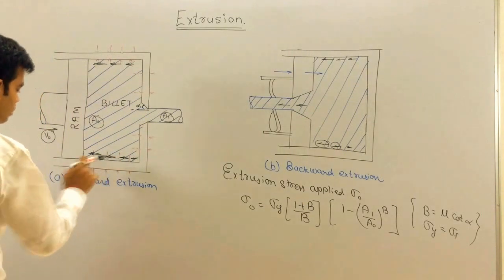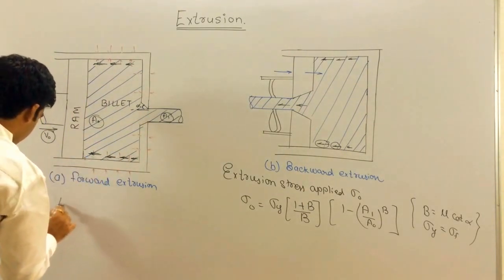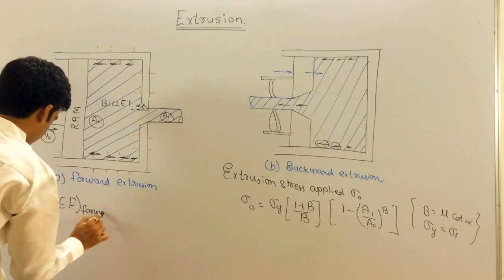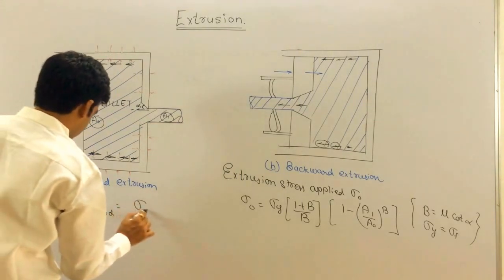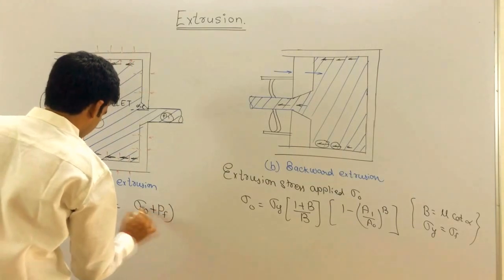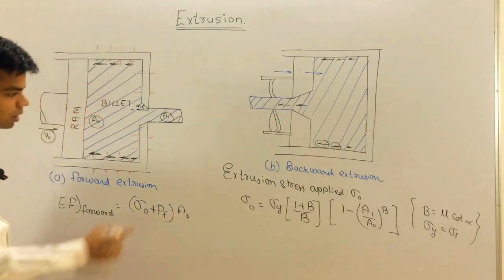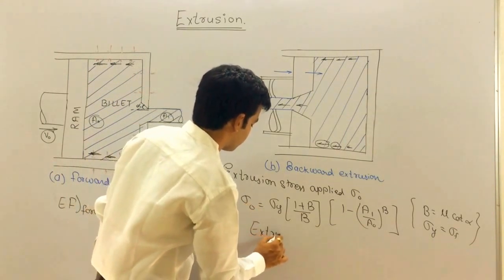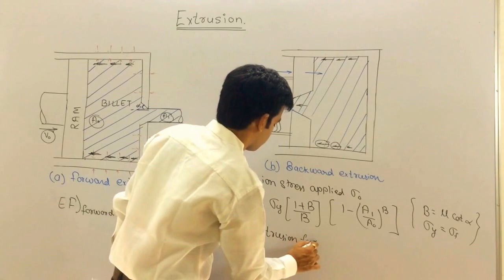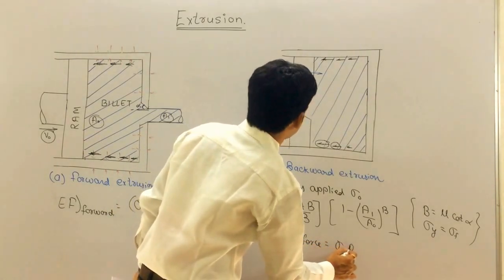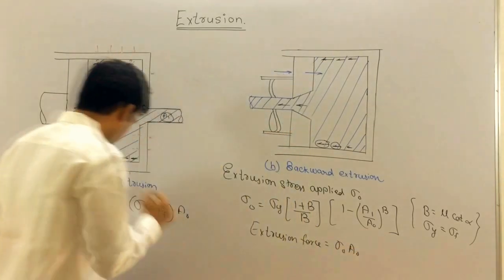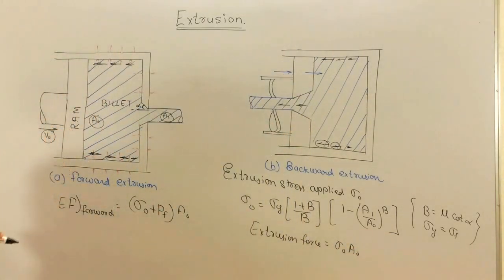Here, this is the extrusion stress; in case of backward extrusion, the extrusion force will be equal to sigma naught into A naught.